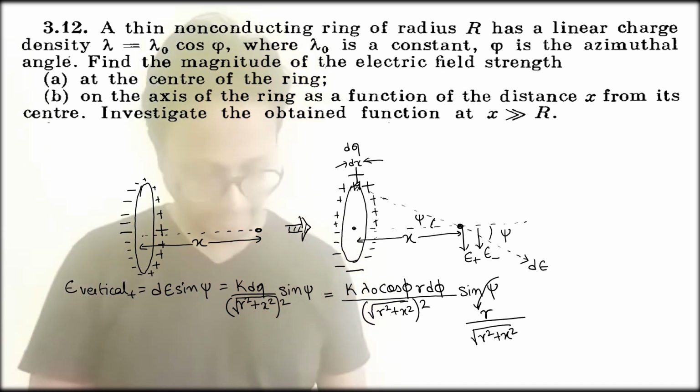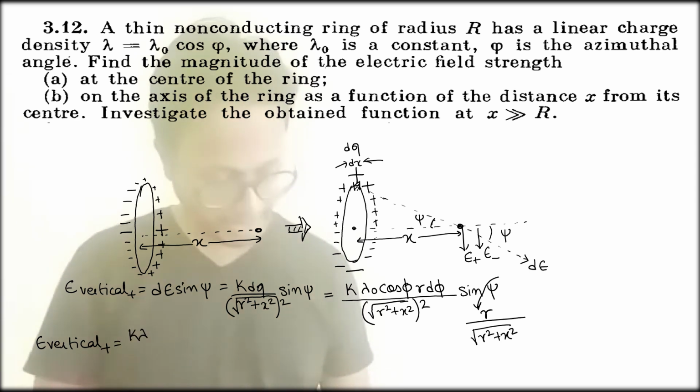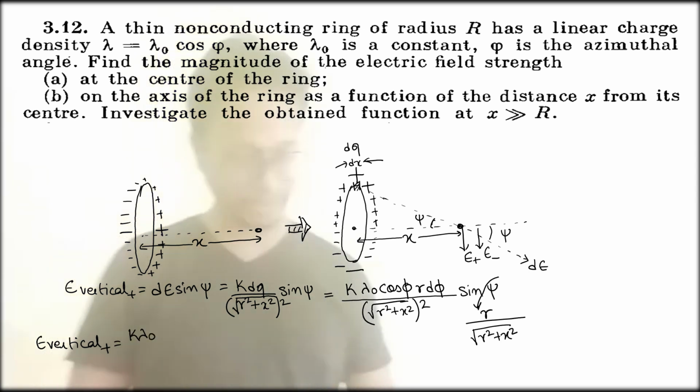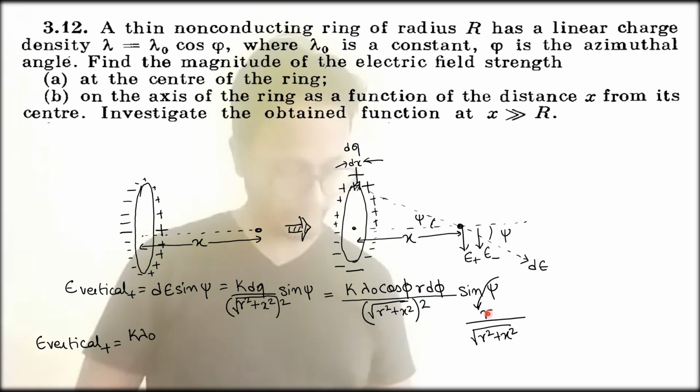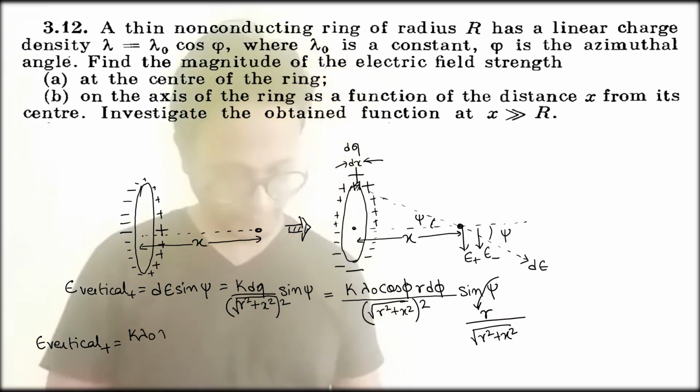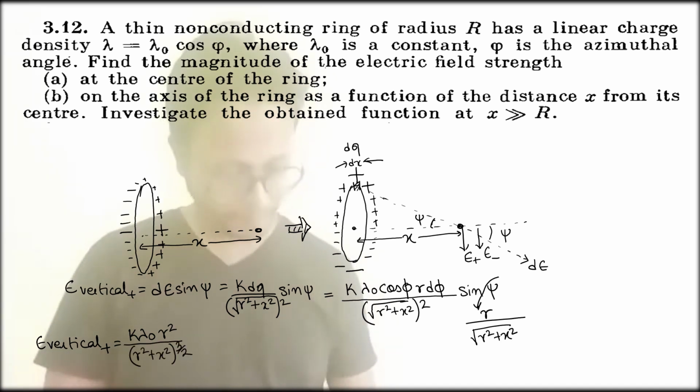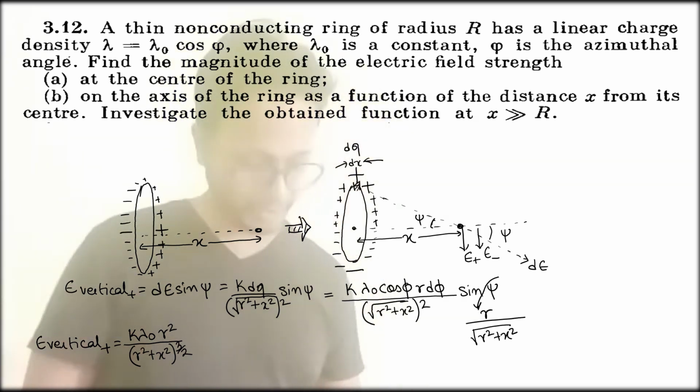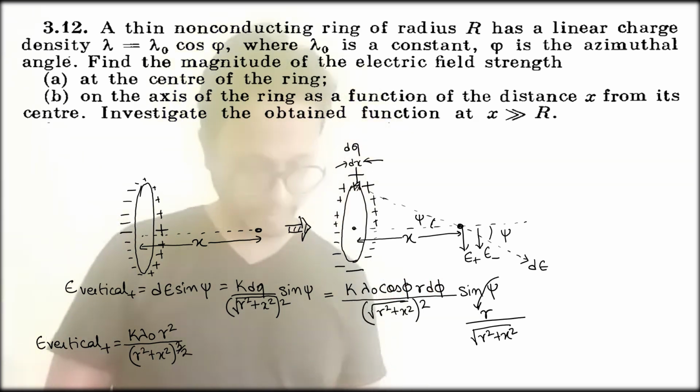So if I write the vertical component of electric field due to positive charges, it is nothing but k lambda naught. Let's take the constant terms outside: k lambda naught r into r square, divided by r square plus x square to the power 3 by 2. If I combine these two terms, it becomes r square plus x square to the power 3 by 2. And what are the variable terms? cos phi dφ.